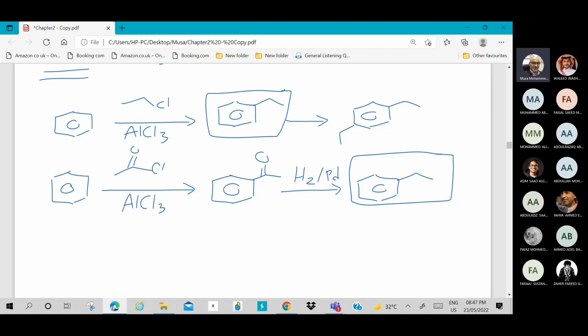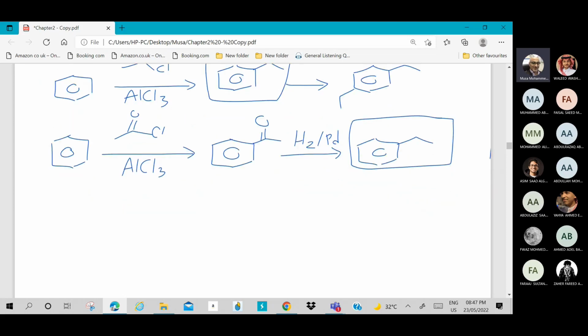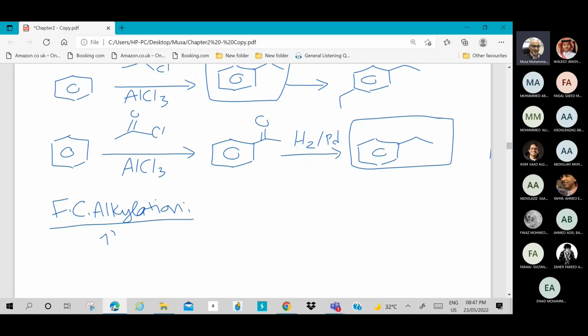You will not worry about rearrangement, but it also suffers from the problems associated with Friedel-Crafts alkylation reaction. The problems associated with this: first, rearrangement.